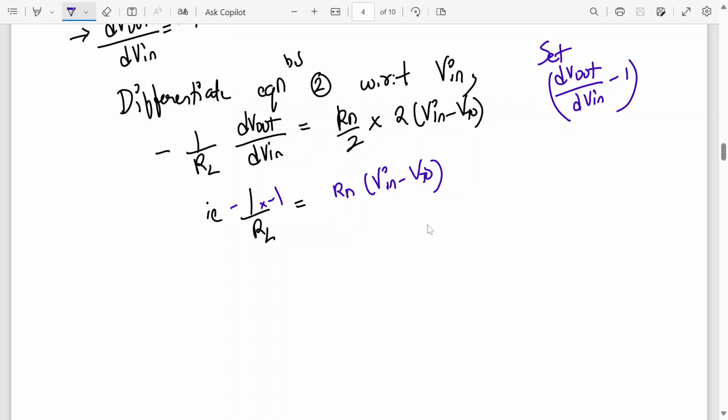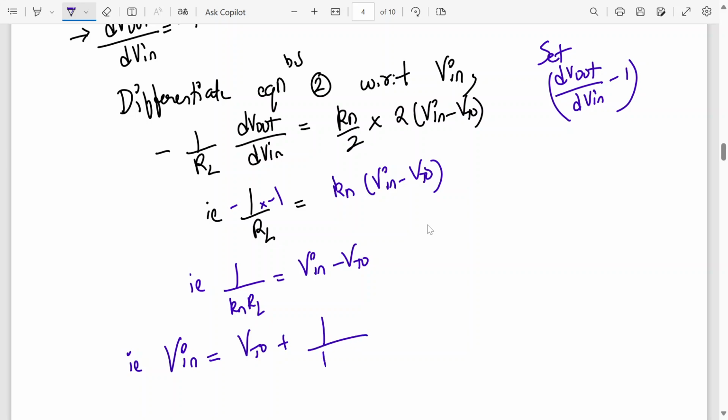So 1 upon Kn into RL is equal to V in minus VTO. So V in is VTO plus 1 upon Kn times RL.